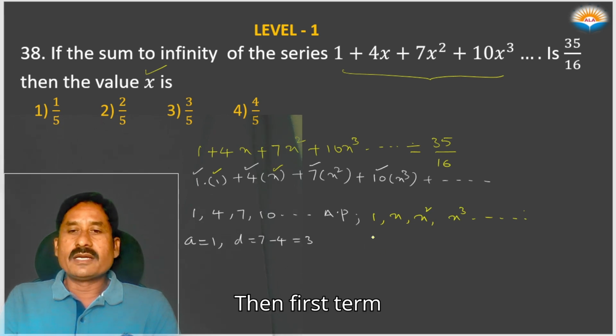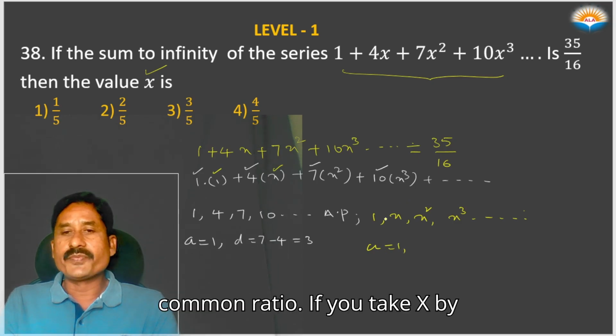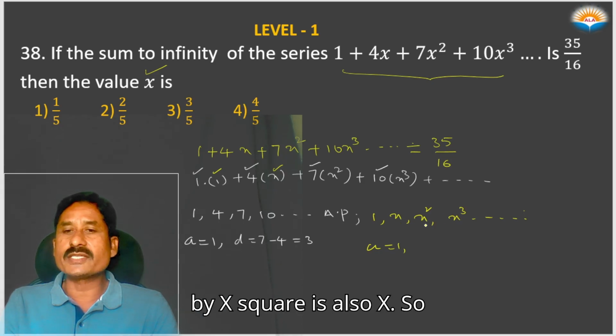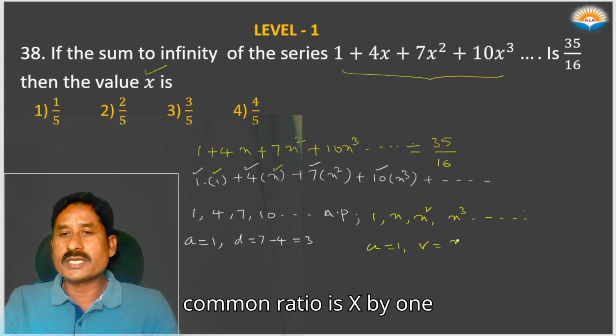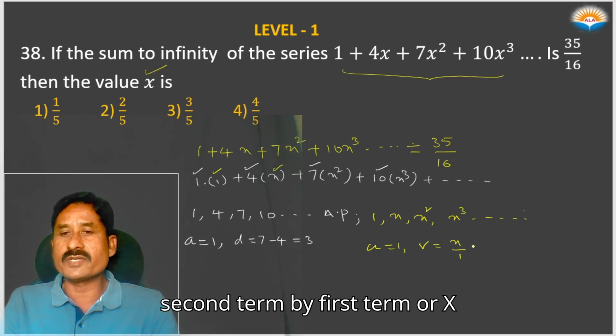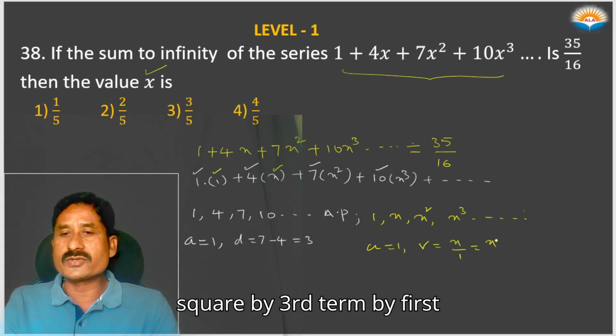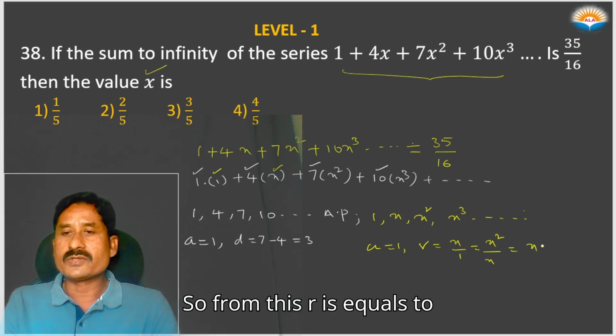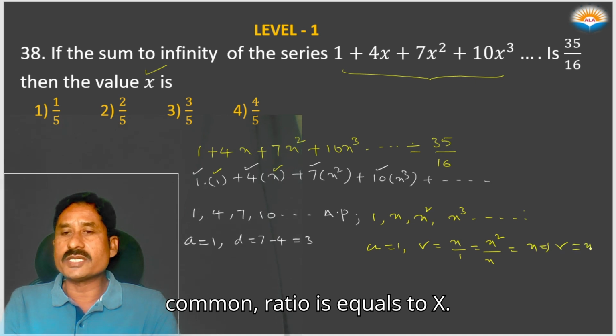The first term is 1 and the common ratio: x by 1, x square by x is also x, x cube by x square is also x. So the common ratio is second term by first term, or third term by second term, that is equal to x. So r is equal to x.